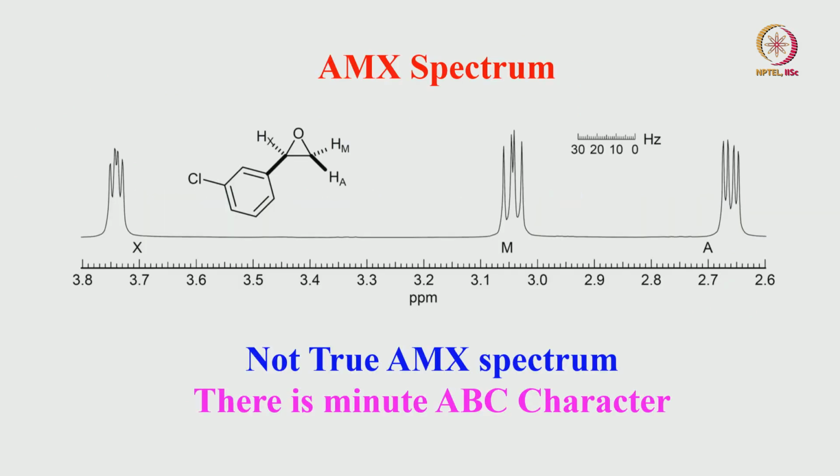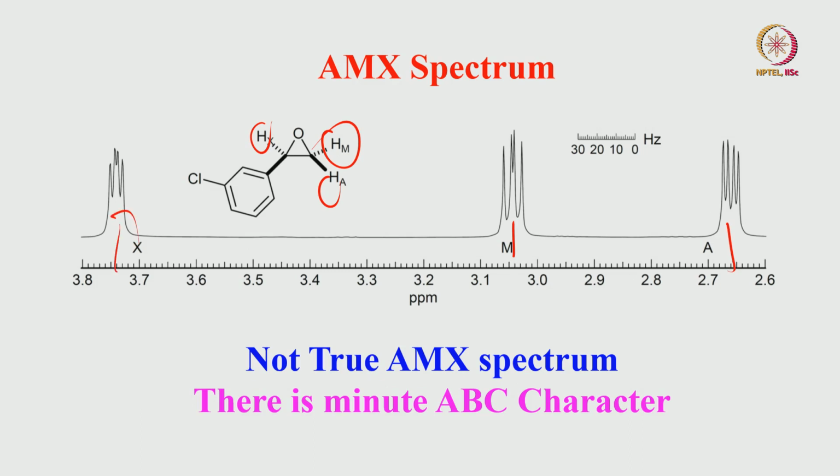Of course, you can come across a situation that appears like AMX, but is not AMX, because there will be a minute ABC character. Look at an example like this. In principle, these are the 3 protons, and the chemical shifts are very well separated.